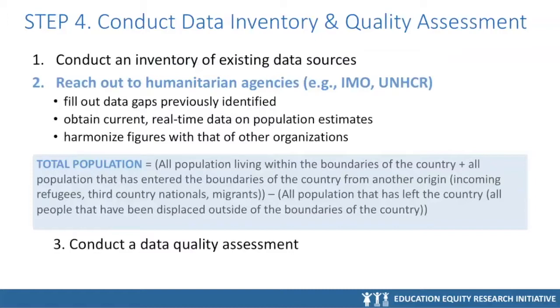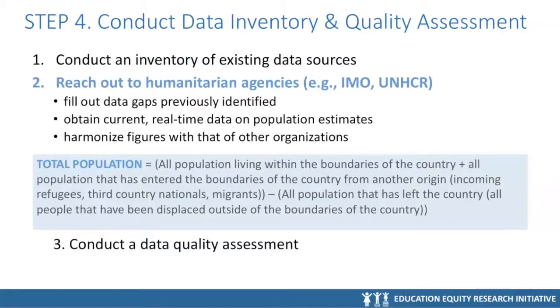Once the indicators are developed, the idea is to conduct a data inventory and quality assessment. This is a step that any project that is relying on secondary data sources would conduct, but I would say it's especially relevant for projects operating in crisis and conflict contexts, given the issues with data availability and data reliability.